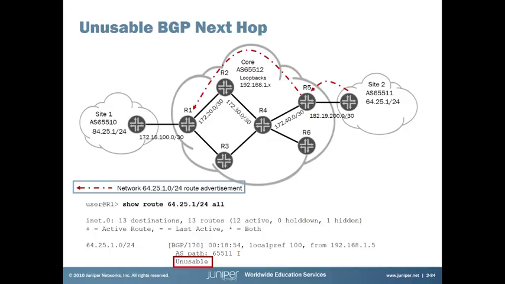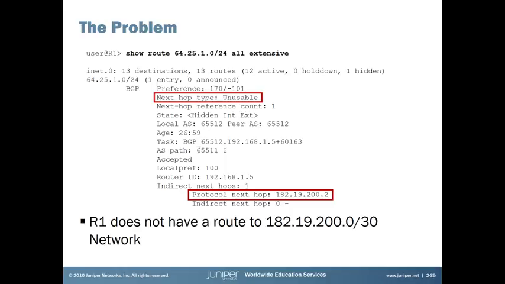In other words, it's saying, yes, I've received a route from R5, and it tells me of a path to 64.25.1, but I can't use that.